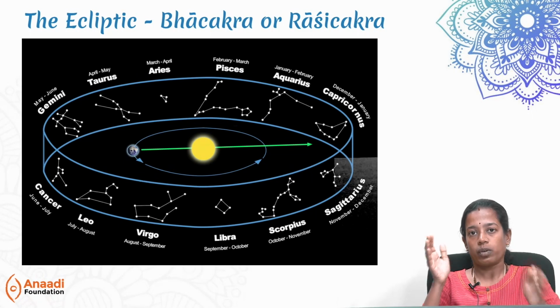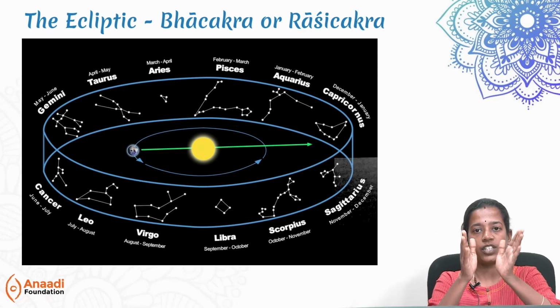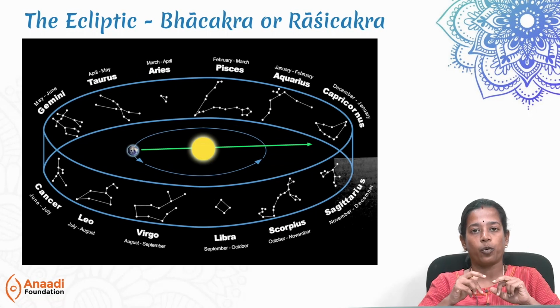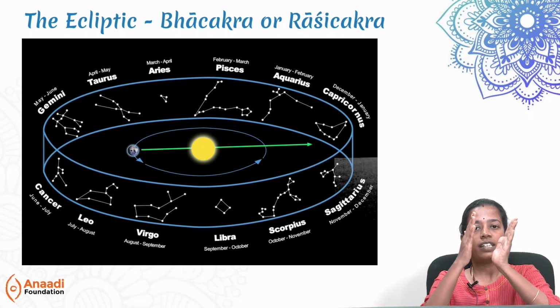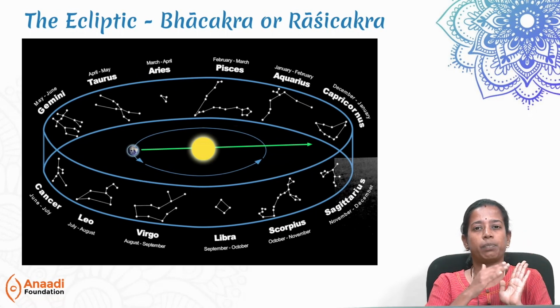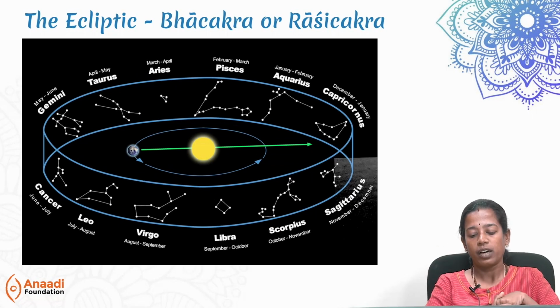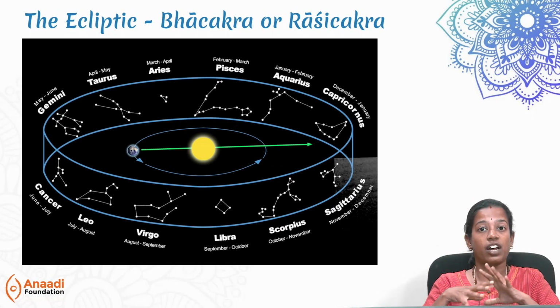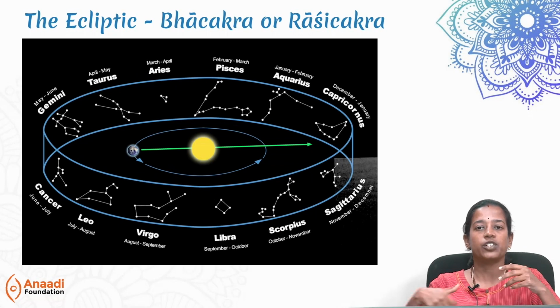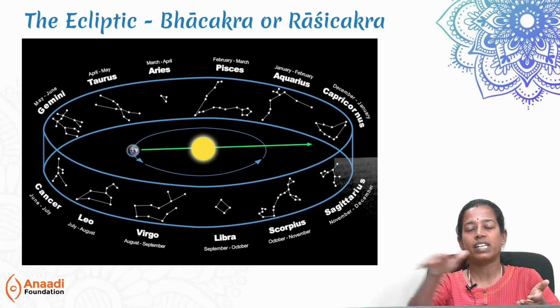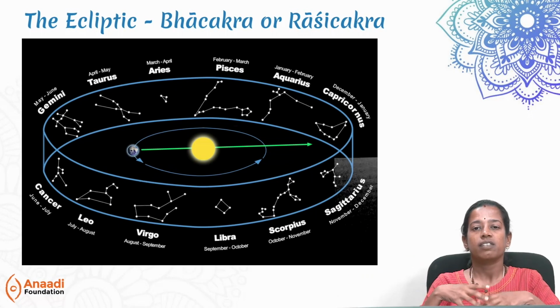When we map the sun's position from Earth's viewpoint as an observer, they are all going to be equally spaced at 30 degrees each. That is how we have the Indian Rashi system. So, the Bha Chakra is more of a circular path that connects all these constellations which represent the Rashis.